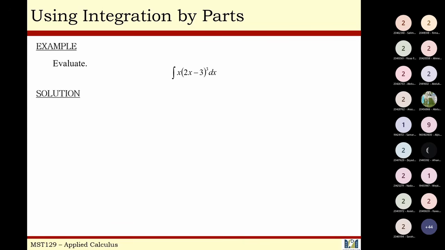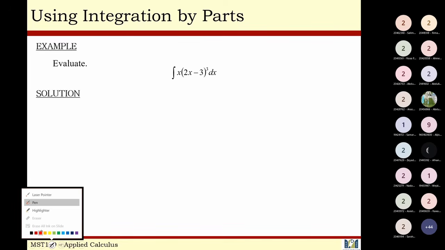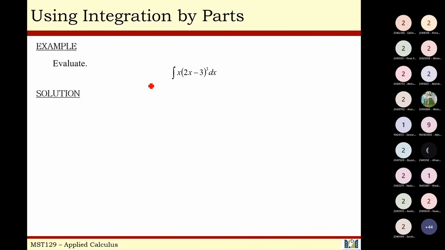To find the integral of x times (2x minus 3) all to the power 3. So this is by parts also, not only substitution, because this is the same degree inside the brackets and outside the bracket. Okay. F of x equals what?